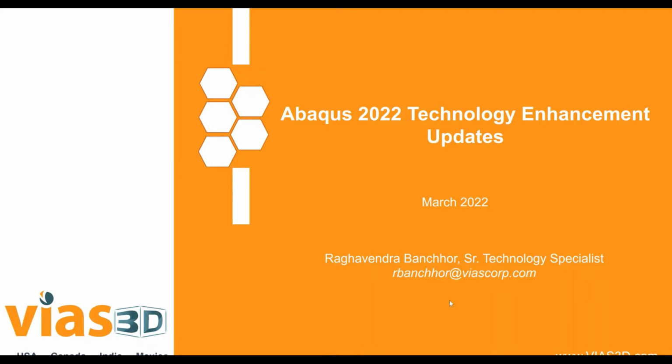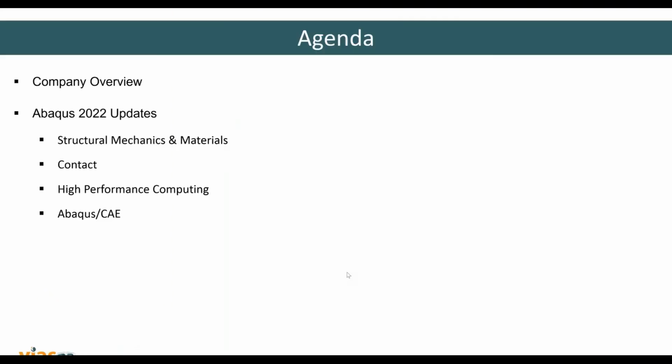So here we go. This is the quick agenda of our webinar. It will run around 40-45 minutes, and then we have the question and answer session at the end. I will begin with a quick company overview, and then we'll move to Abaqus 2022 updates, and that includes the structural mechanics and the material enhancements in the latest version, Abaqus 2022.